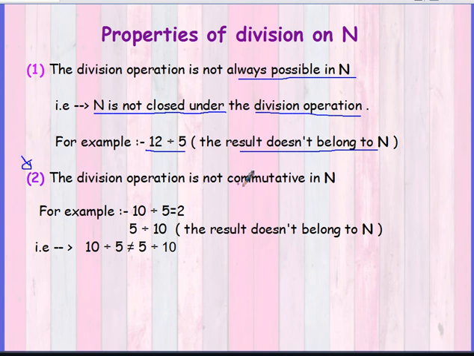The division operation is not commutative in N. For example, 10 divided by 5 is equal to 2, but 5 divided by 10, the result doesn't belong to N because 5 is smaller than 10, and that means 10 divided by 5 doesn't equal 5 divided by 10.